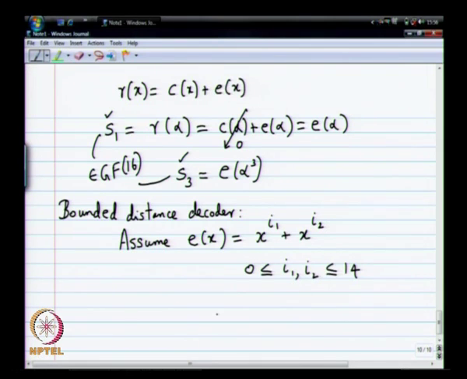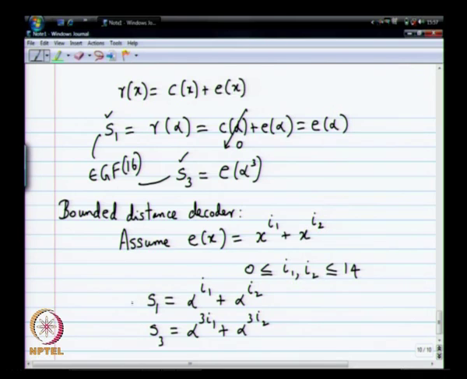Okay, so let us see. So, this is the problem you have. If you plug into this equation, I know S1, I want to find I1 and I2 such that alpha power I1 plus alpha power I2 equals S1, and then S3 is what? Alpha power 3 I1 plus alpha power 3 I2.